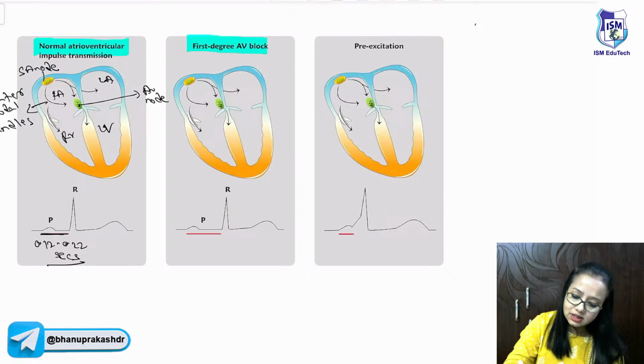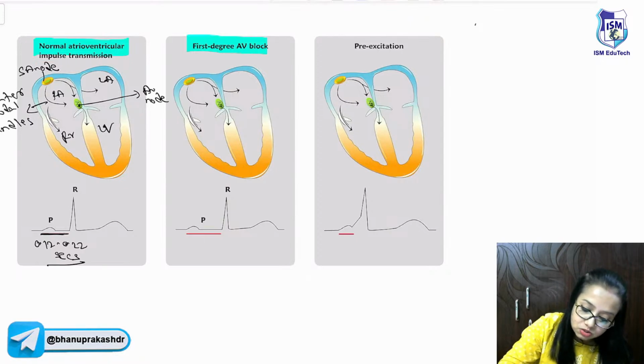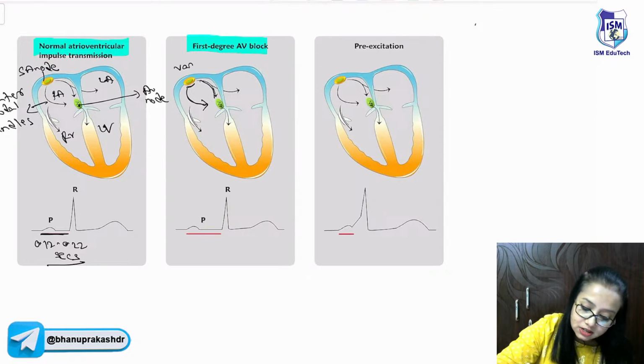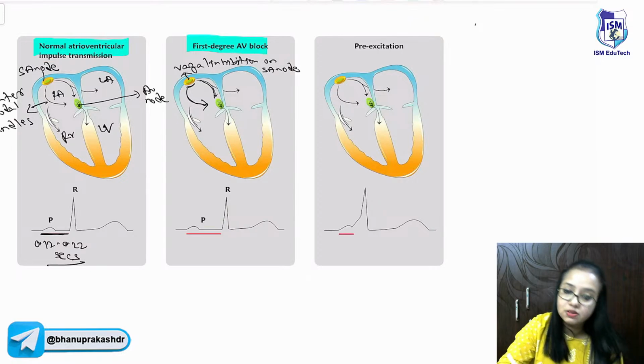Or if there is some kind of blockage in the internodal pathway from the SA node to the AV node, as we have seen, or the vagus nerve has done its function and stimulated its secretion, or rather if there is inhibition on the SA node, then what will happen?